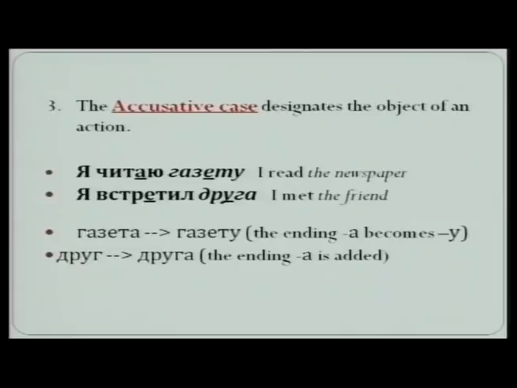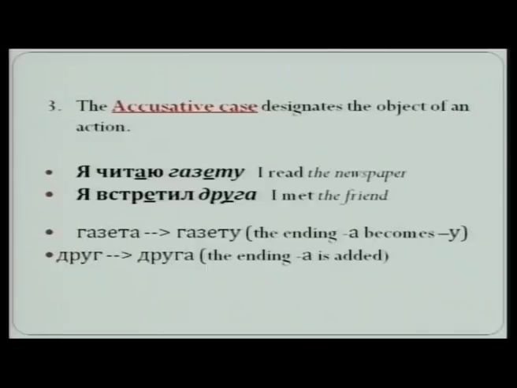Let me read these sentences for you while you understand the construction and pronunciation. Я читаю газету. I read the newspaper. Я встретил друга. I met the friend.